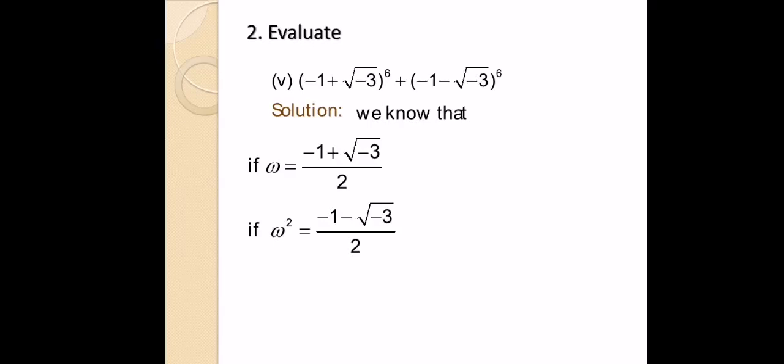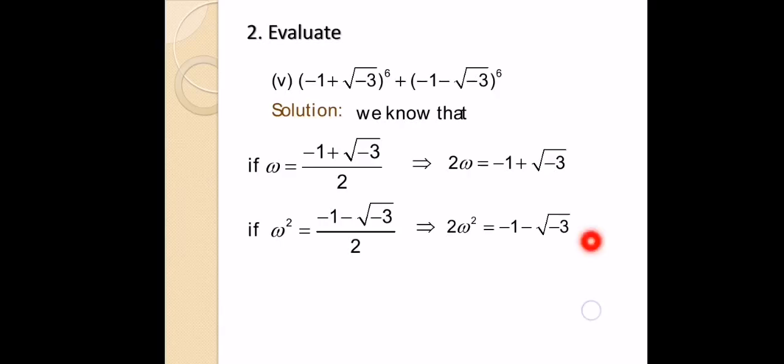Here we know that if omega is equal to minus 1 plus under root minus 3 whole divided by 2, then if we multiply 2 on both sides, we get 2 omega is equal to minus 1 plus under root minus 3. Similarly, if omega square is equal to minus 1 minus under root minus 3 whole divided by 2, this implies that 2 omega square is equal to minus 1 minus under root minus 3.